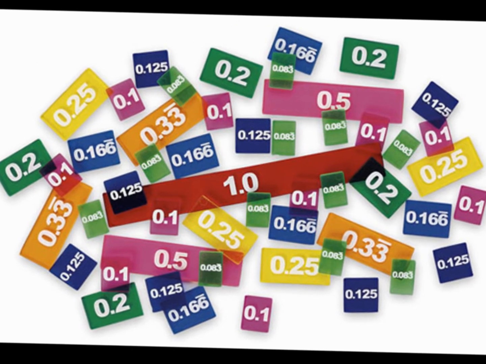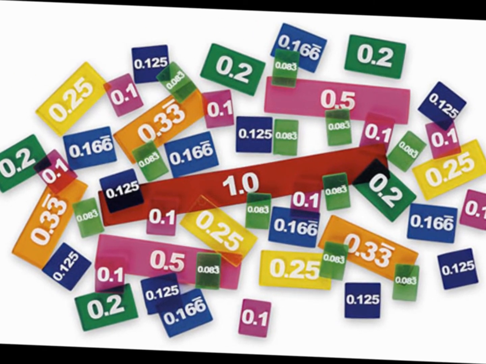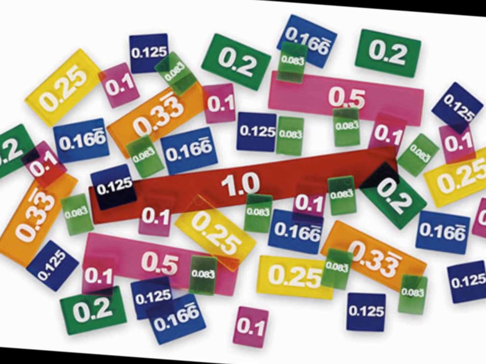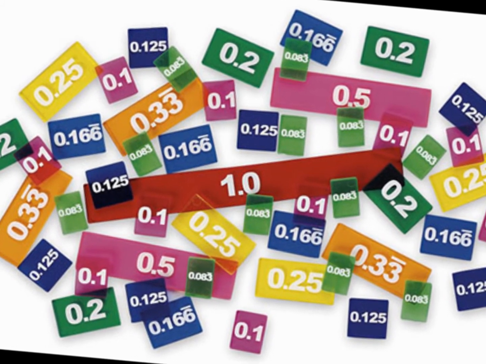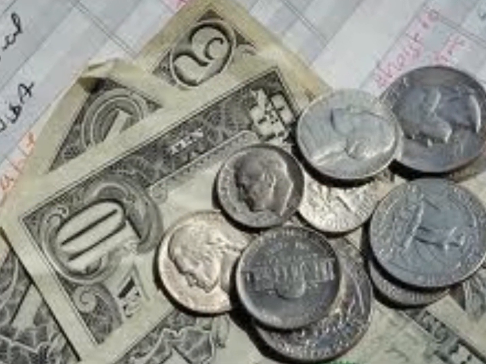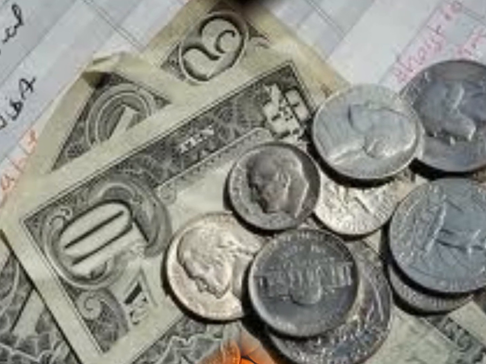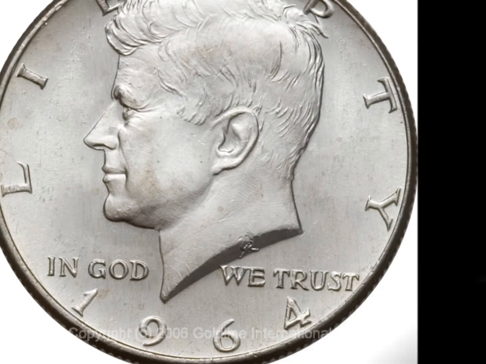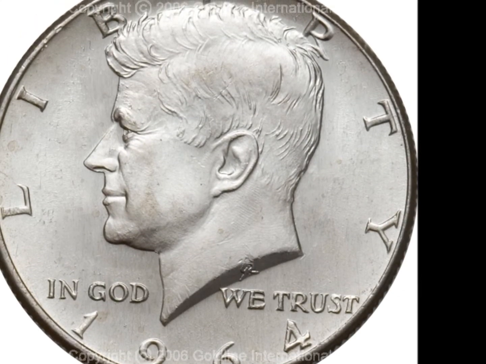Now that we've reviewed what decimals mean and a little bit about how they work, can you think of some examples of how you use decimals in your life? That should be easy. Money, money, money. There are 100 pennies in $1, and $0.50 is 50 cents.